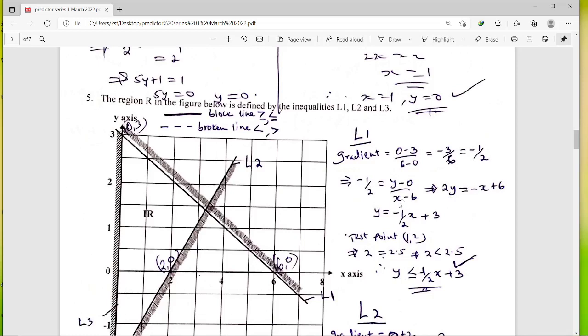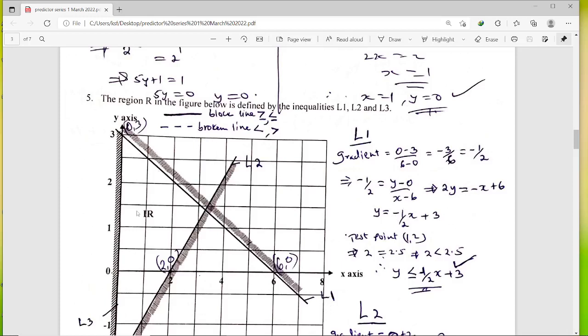Negative 1 times x gives negative x, then negative 1 times negative 6 gives plus 6. So 2y equals negative x plus 6. If we divide through by 2, we get y equals negative half x plus 3, because 6 divided by 2 is 3. So negative half x plus 3 is the equation of this line L1.